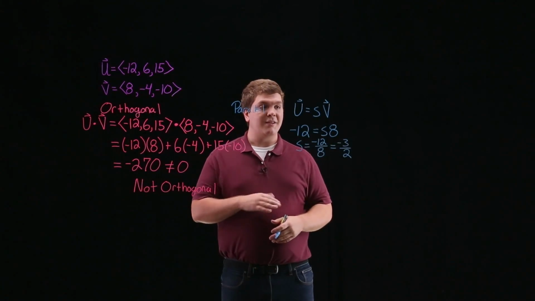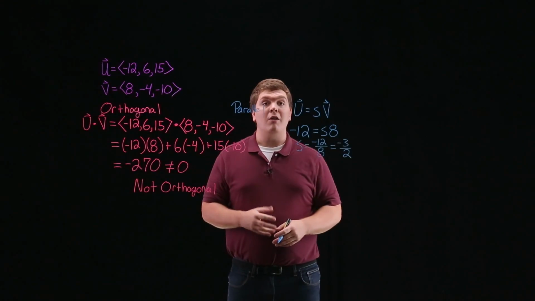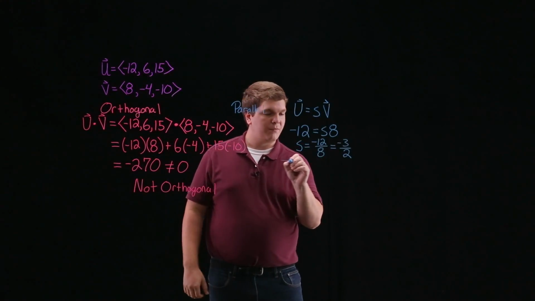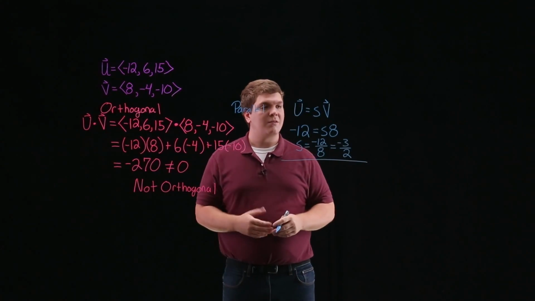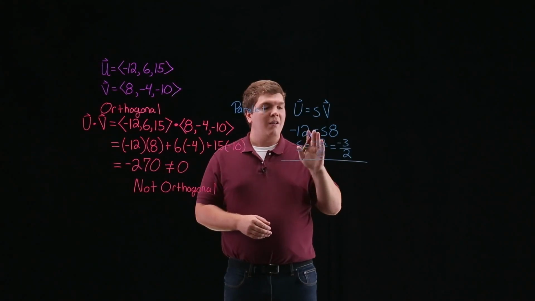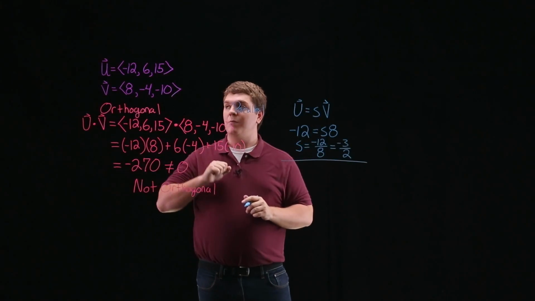Now if we want to show that this s value actually works, we'll also have to check the next two components for both u and v. Since we want to multiply the values in v to get the values in u, let's take the second component in v, which is -4.